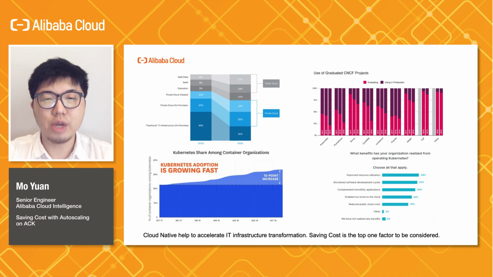It is set to jump from 20% to 30%, a 10-point increase, by 2020. More than 56% of tech leaders care about how to improve resource utilization. Kubernetes is a standard cloud-native interface to help accelerate IT infrastructure transformation. Saving cost is the top factor to be considered.